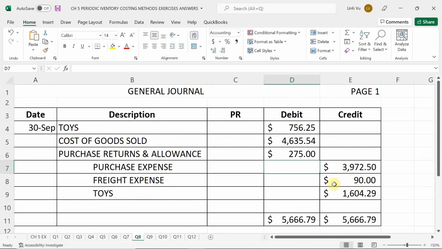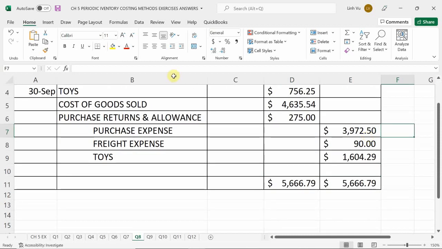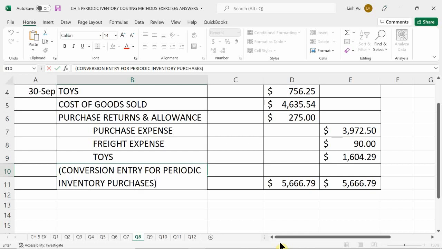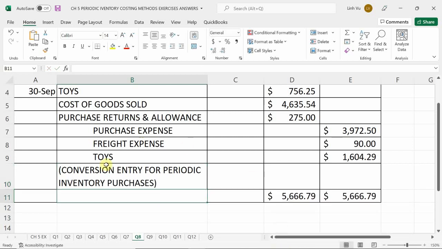There you go. Okay. And there you go. Total debits match my credits. Okay, and then put in conversion entry for periodic inventory purchases. Okay. All right.